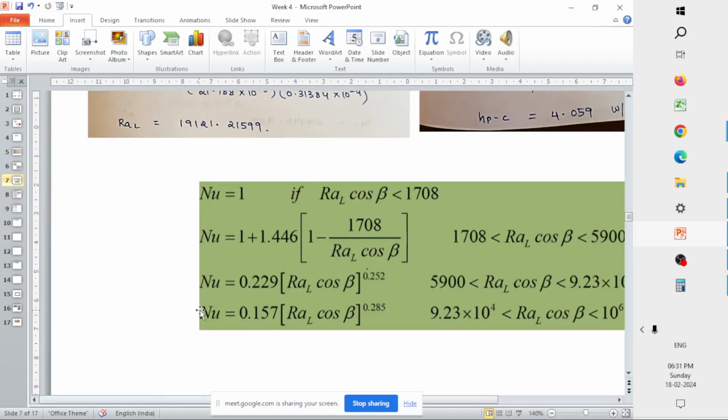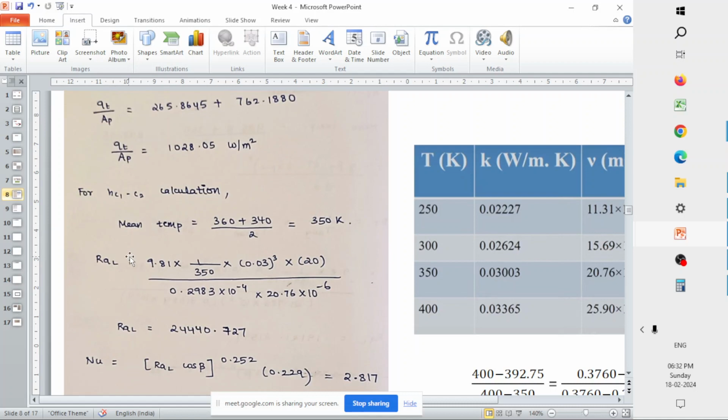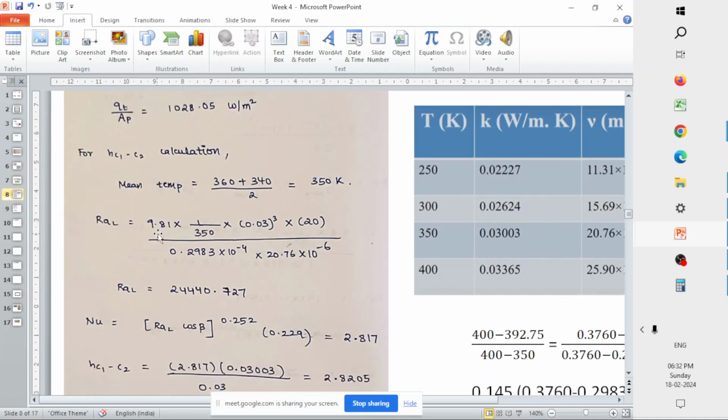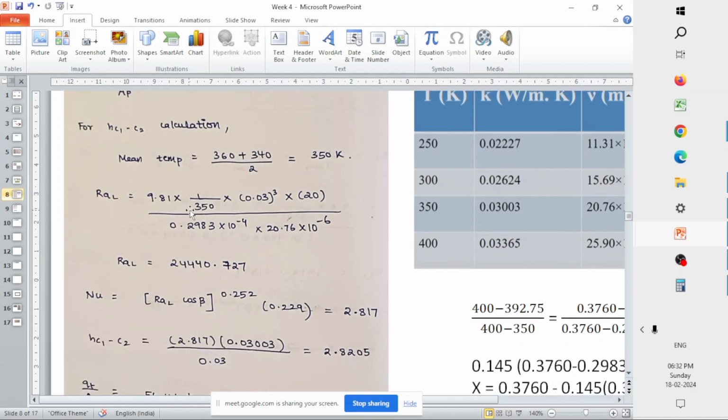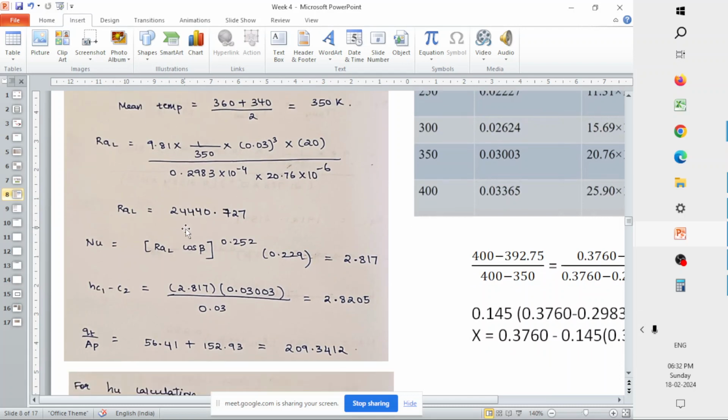Similarly, you have to calculate the heat transfer coefficient between cover 1 and cover 2. Same, you have to calculate your mean temperature. After calculating your mean temperature, you need to get the value of your Rayleigh number. Once you find the thermal diffusivity and momentum diffusivity, you will be able to calculate the Rayleigh number.